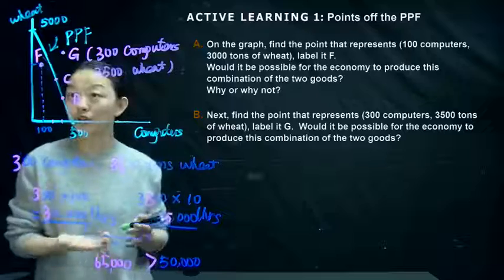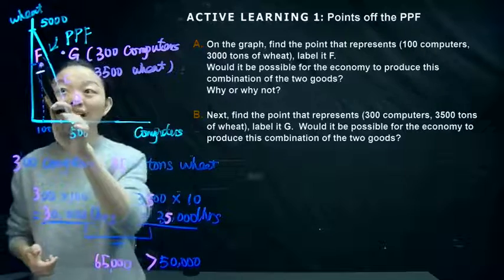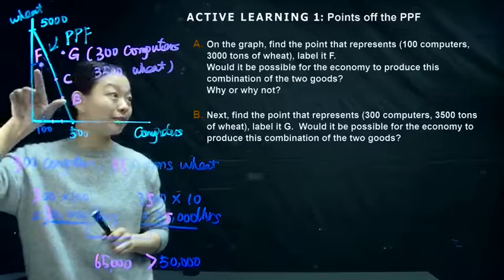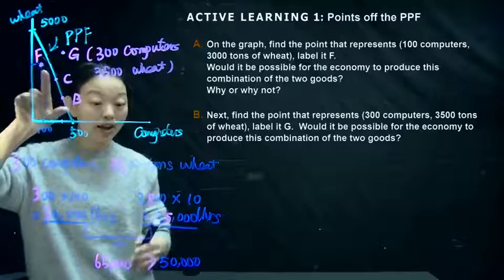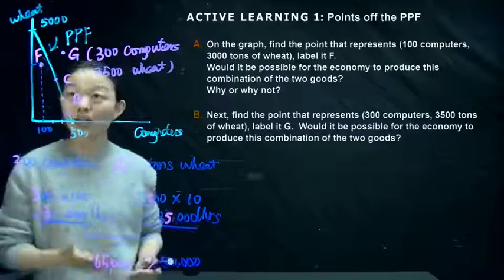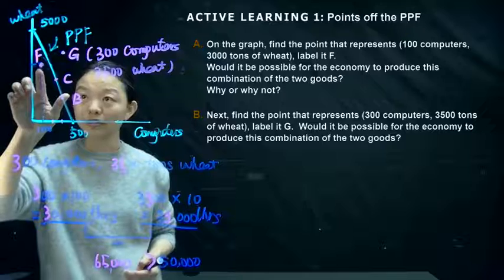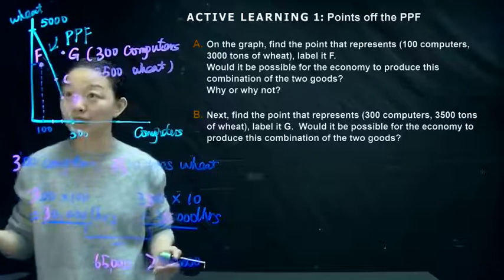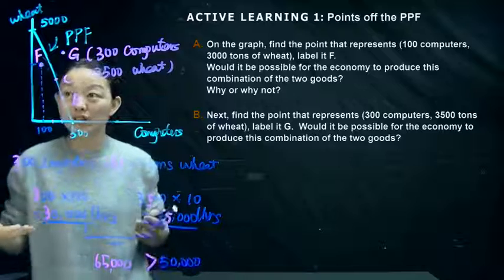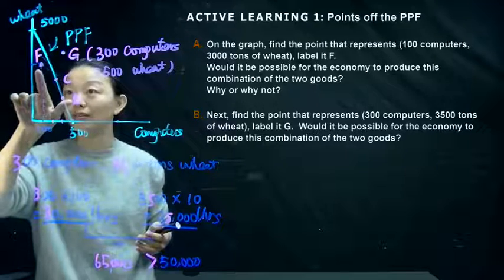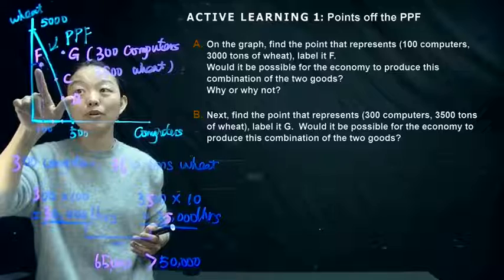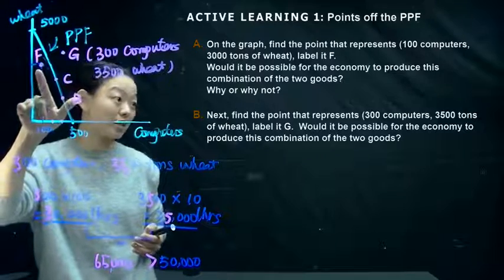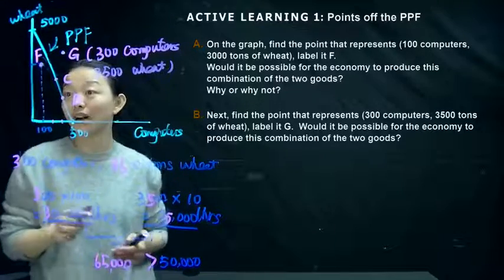The points inside of the PPF, like this point F, are also possible for this economy to produce. However, at point F, it probably cannot fully utilize all the labor hours, right? So there could be some waste at point F. Point F is able to produce, however, it is not efficient for this economy.